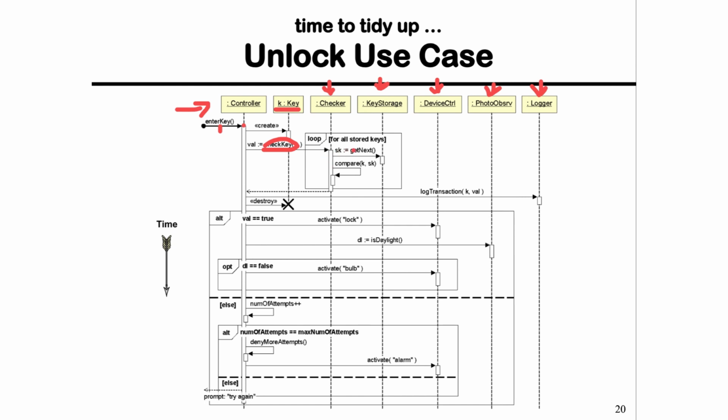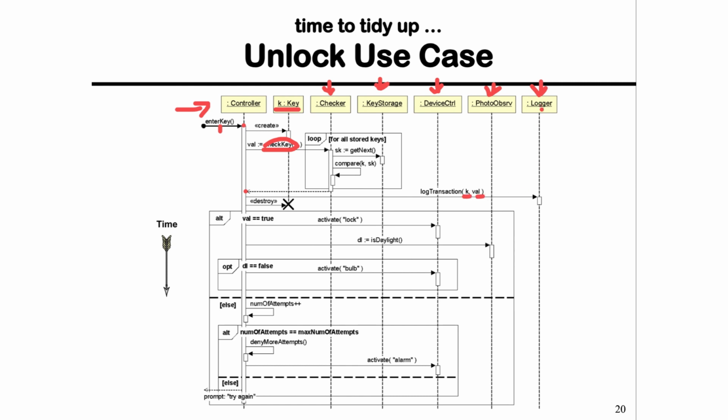And at any point in this iteration, if it asserts the validity of the key given, then it will return back to the controller some kind of acknowledgement, as you can see here. Then after getting the acknowledgement, the controller logs this transaction by the key and validation pair.